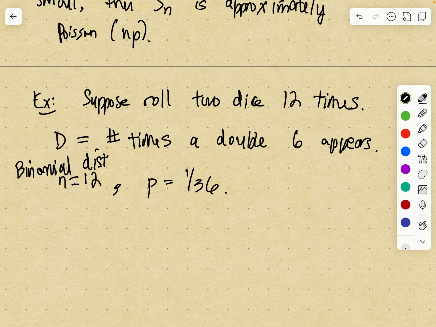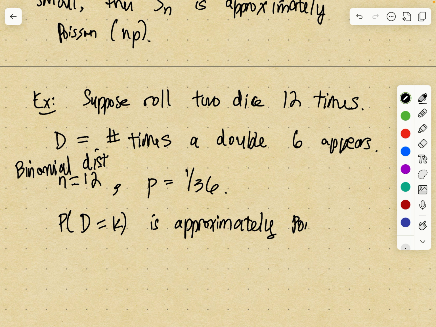So what this is saying is that D is approximately Poisson with parameter n times p, which is 1/3. Well, what does that mean?